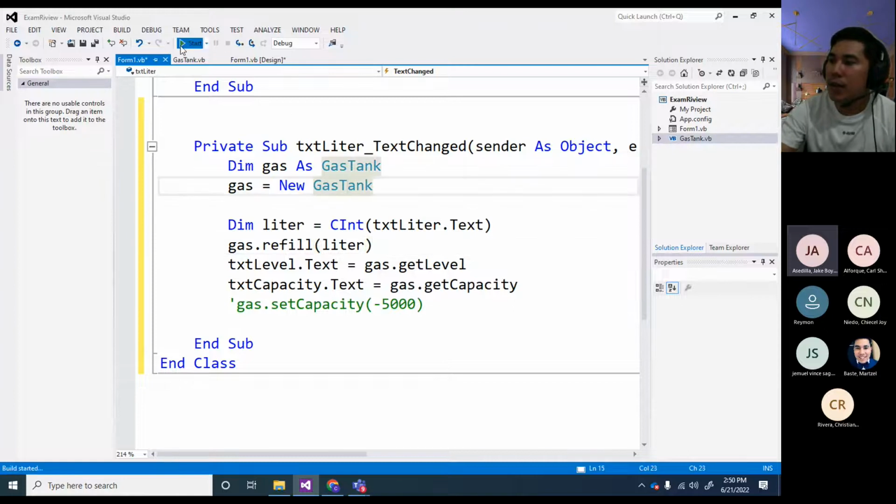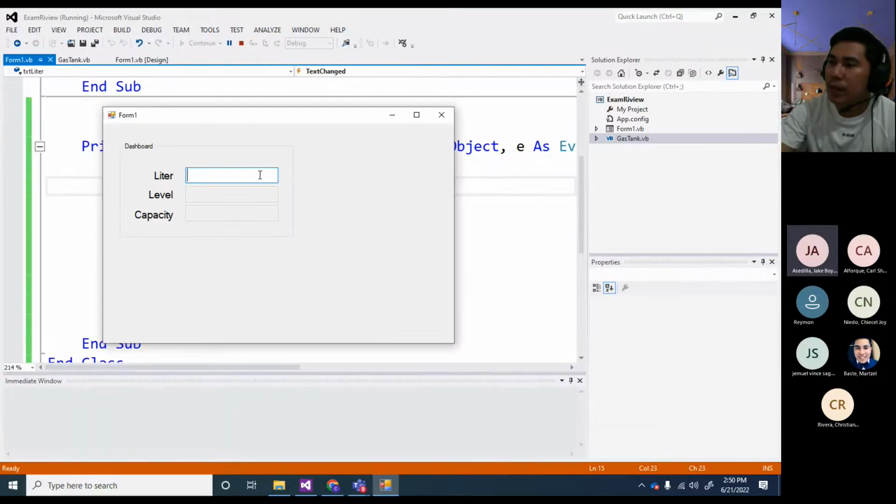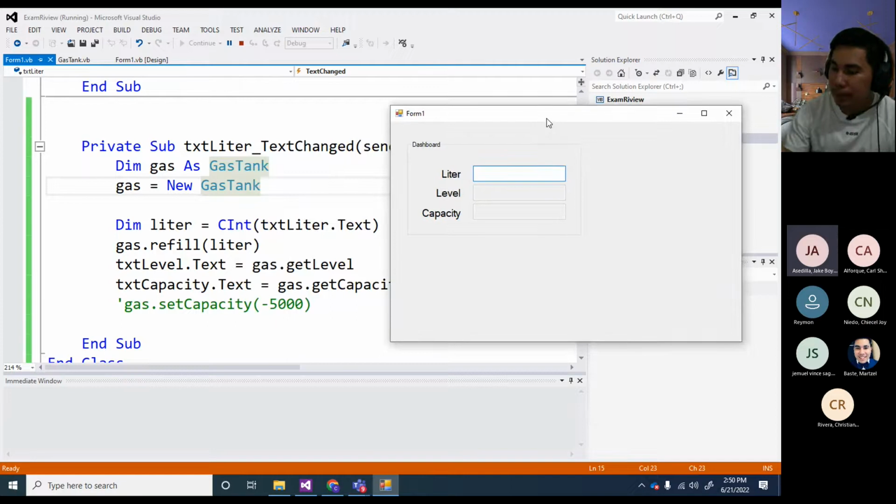Okay, so let's run the program now. Let's say we have 300. Oh, we should have a button to add. So, never mind. I'll use the text change event.